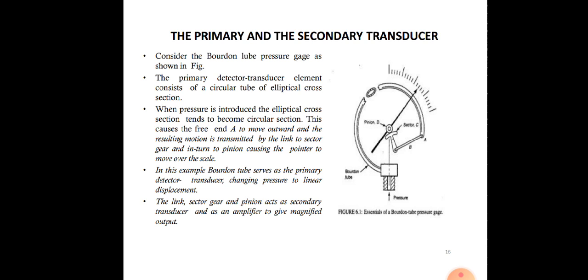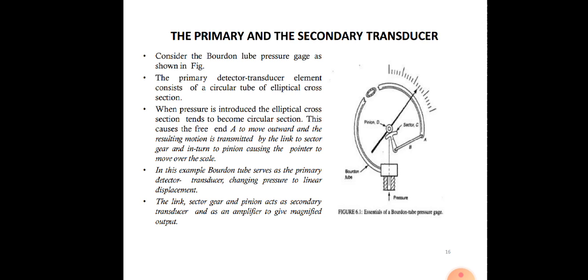So in this example, the Bourdon tube serves as a primary detector or transducer, which means it changes the pressure to the linear displacement of the link B.